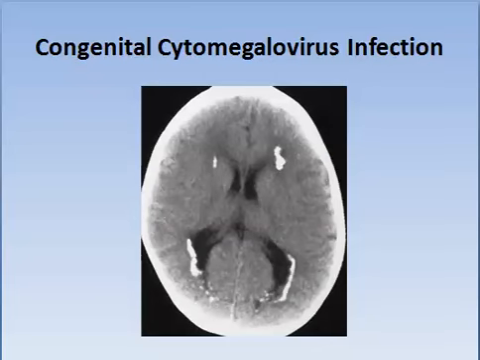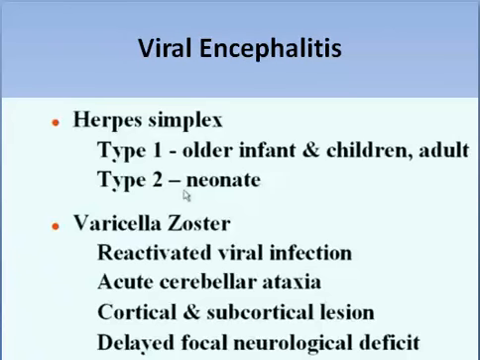We will deal with some of the virus infection of the brain. In congenital cytomegalovirus, the main feature is the periventricular calcification. Viral encephalitis may be due to herpes type 1 and type 2 or varicella zoster.